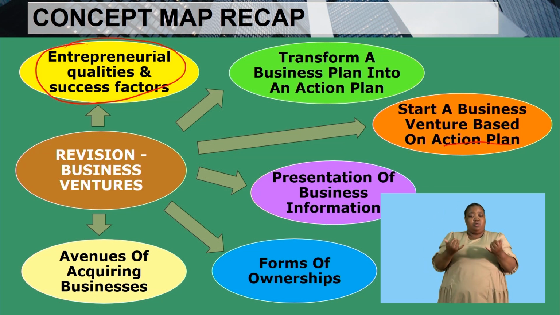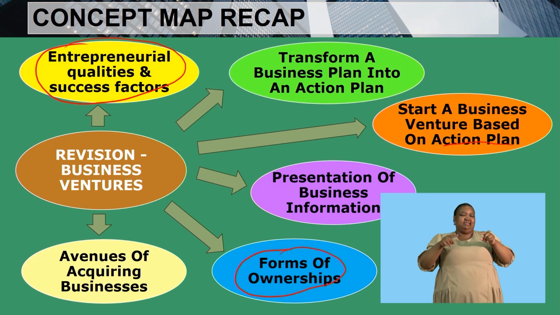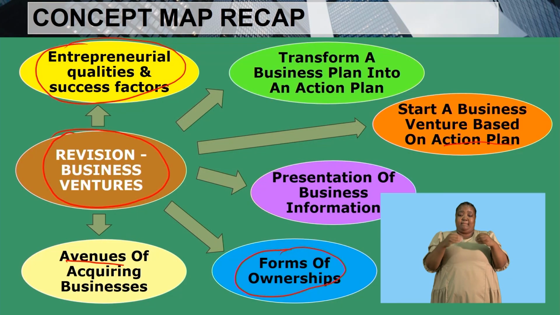And in this lesson, we looked at the different forms of ownership and their characteristics, as well as avenues of acquiring a business. Now, you must make a note to say that all these topics combined form the main topic, which is called business ventures. So when you study for your exams, you must remember that business ventures comprises of these topics.